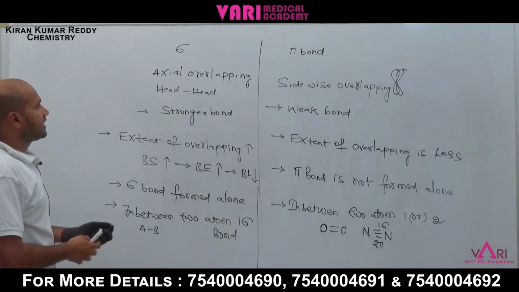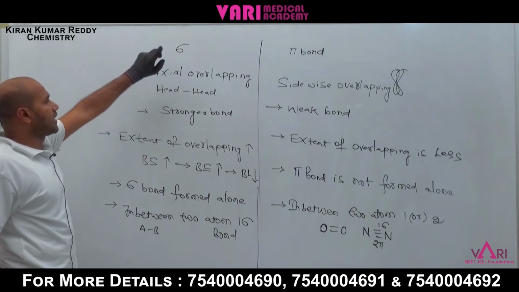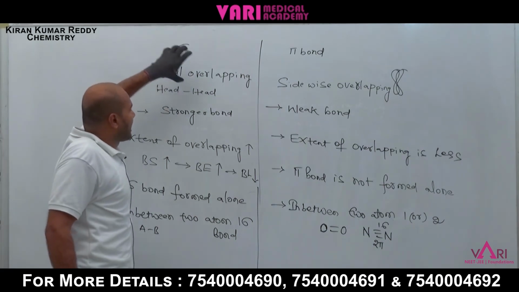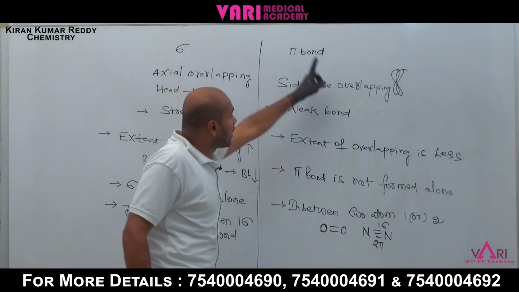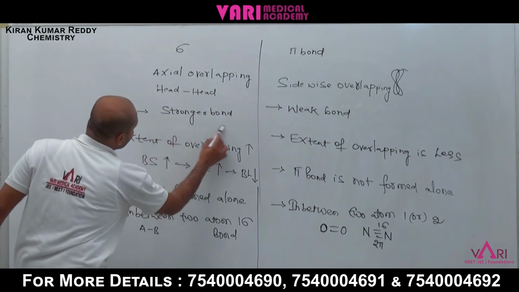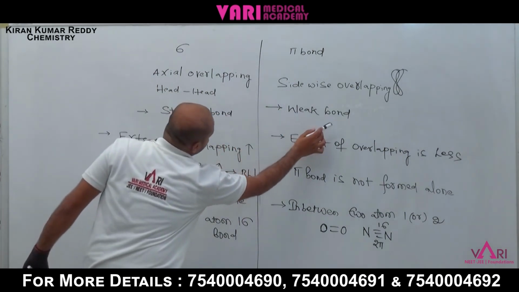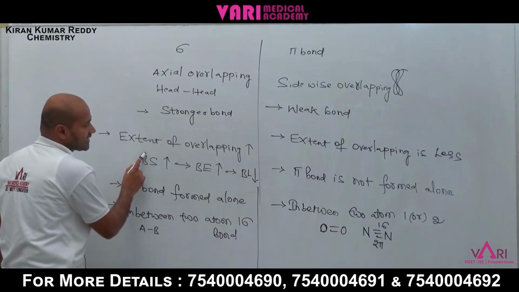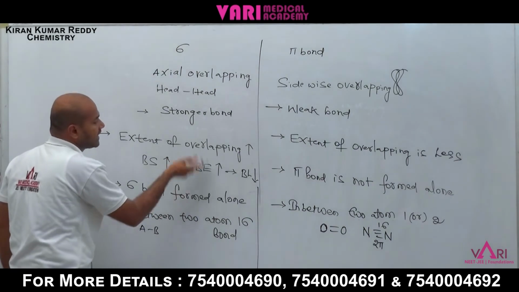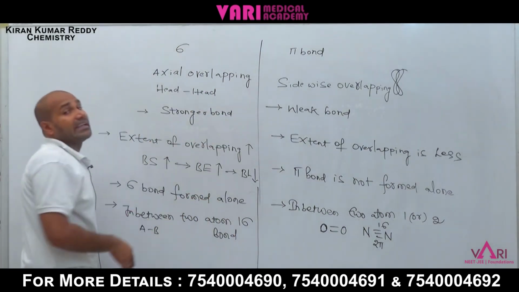What are the points we discussed? The difference between sigma and pi. Sigma bond is formed by axial overlapping or head to head overlapping. Pi bond is formed by sidewise overlapping. This one is the stronger bond, this one is the weaker bond. What is the reason? Extent of overlapping increases, bond strength increases, bond energy increases, bond length decreases.